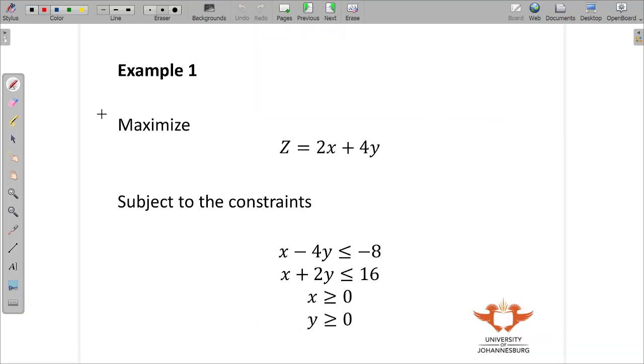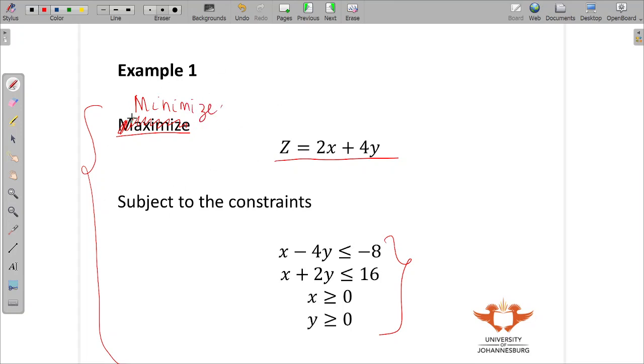Now, this is an example of a linear programming problem. We have: maximize this objective function subject to these constraints. Sometimes you will be asked to minimize.